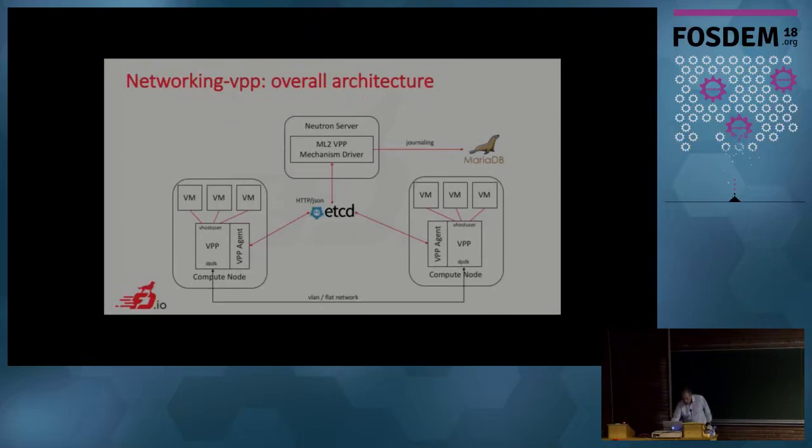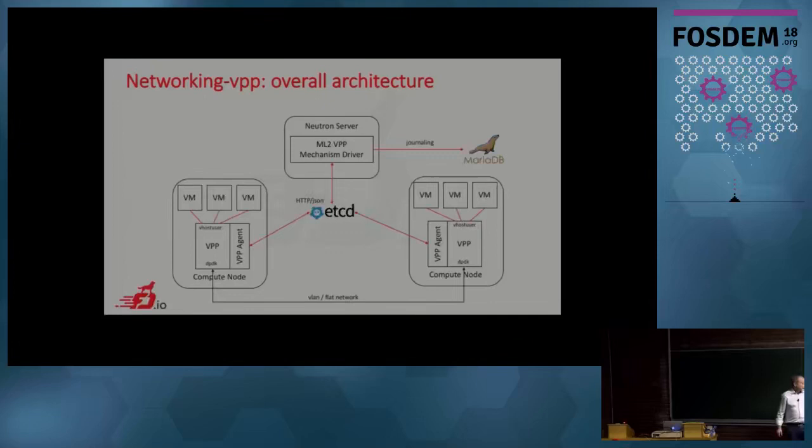Networking VPP has this architecture. It's etcd-centric. What that means is when Neutron has to create a port, instead of communicating directly with the compute nodes, it will put that in etcd, and then the compute nodes will wake up and take that into account.